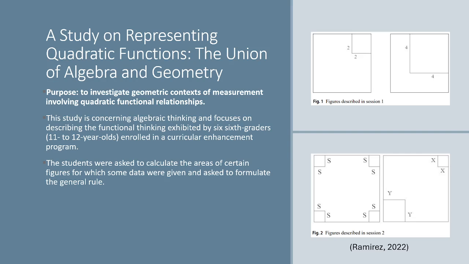The students were asked to calculate the areas of certain figures, for which some of the data were given, and asked to formulate general rules. So here to the right, you can see figure 1 and figure 2. These were part of the questions that were asked of them as related to these two images.